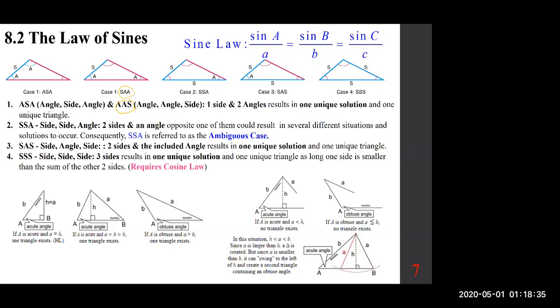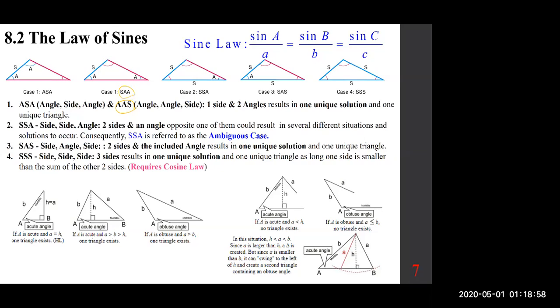Now, going back to case number 2, as far as some shapes are concerned, and we will make some more sense out of this as we look at more examples, we are dealing with side, side, and angle. So if you look at the first one on the left, it says the angle is an acute angle.